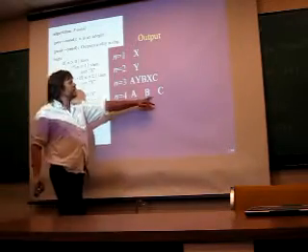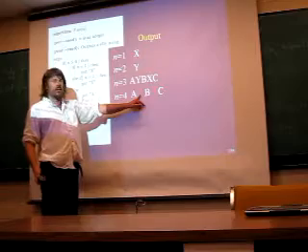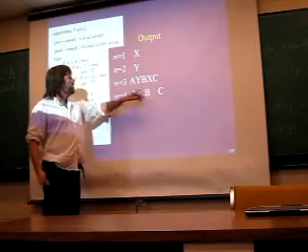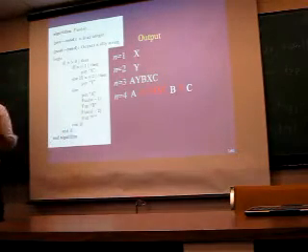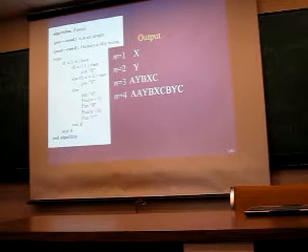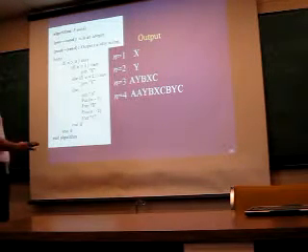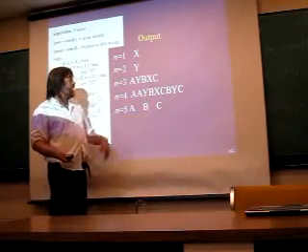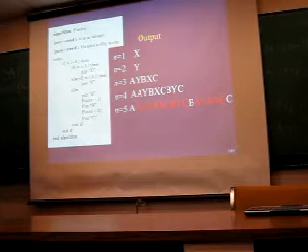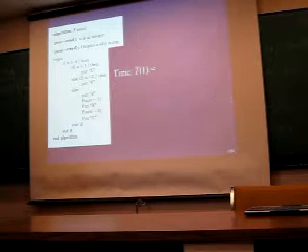Well, it does a, b, and c, but what does it put in here? Puts an x. What does it put in here? Puts a y. That's what it does on 4. What does it do on 5? It puts that in there and that in there. And so on. What does it do on 10?